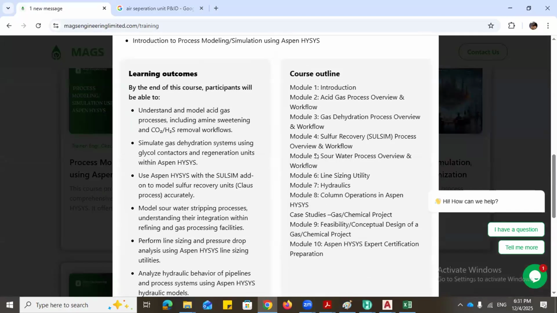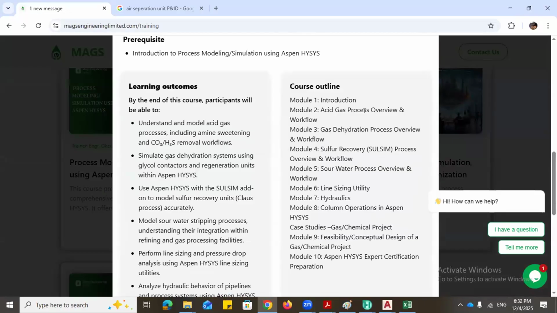The advanced part is now talking about unit operations, acid gas process, gas dehydration process, sulfur recovery process, saltwater process, line sizing utility, hydraulic calculations, and column operations. They now have another case study on gas and chemical projects, which is different from what they have done in the normal one.